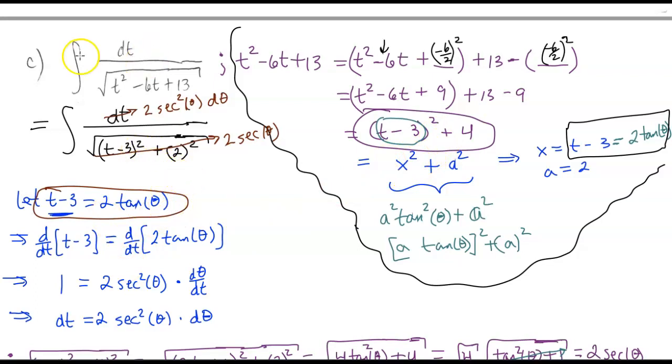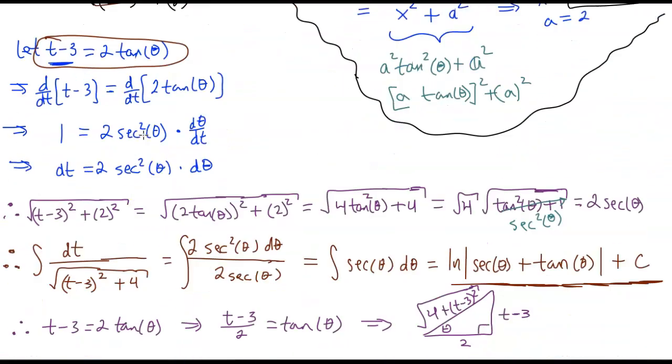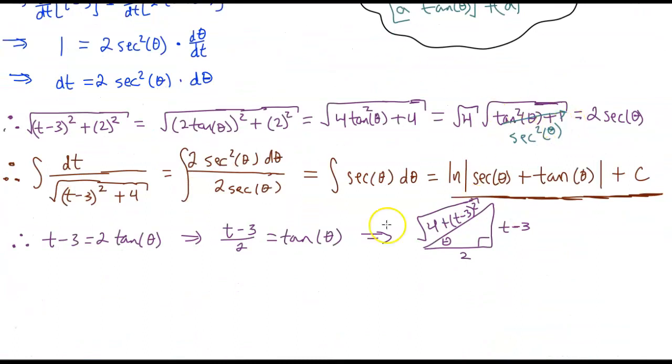So another way of saying that is that what's under the radicand is this. So here we know that our hypotenuse is essentially just going to be the square root of t squared minus 6t plus 13. It's the same thing.